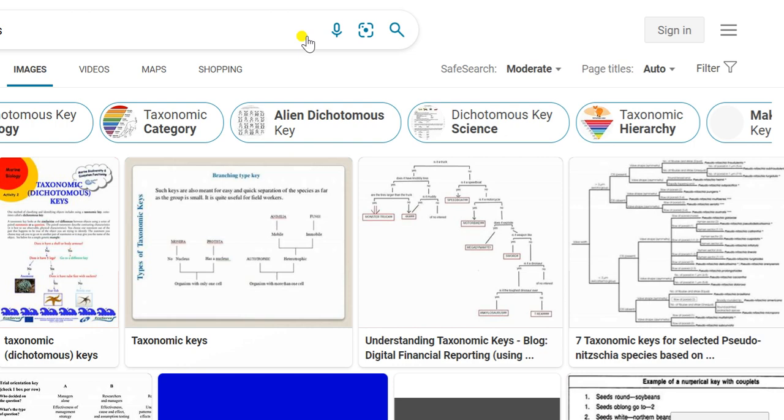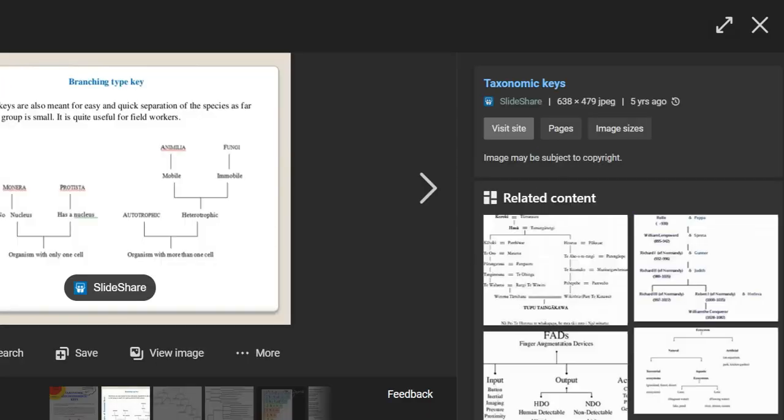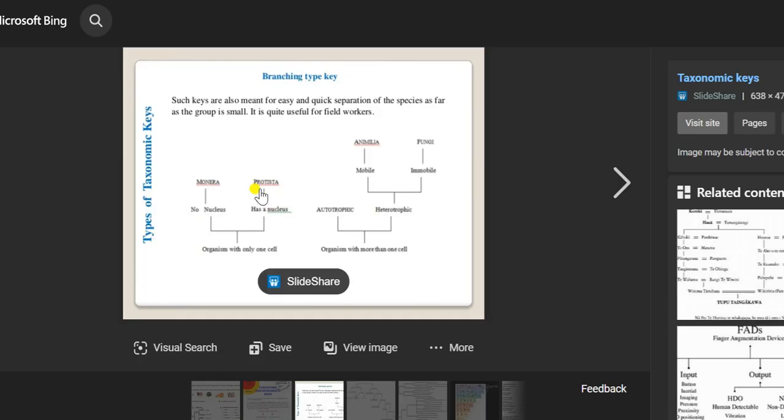Such keys are also meant for easy and quick separation of the species as far as the group is small. It's quite useful for field work.